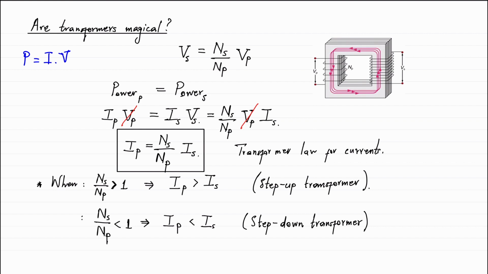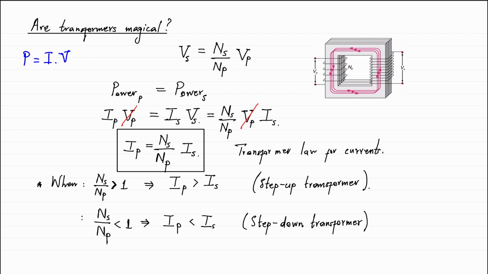But remember, what did the transformer law for voltages teach us? It taught us that the voltage on the secondary side is equal to the turns ratio times the voltage on the primary side. So instead of V sub S, we could just substitute this entire thing. And when we do so, we obtain this expression. But Vp is common, so we could cancel that out. Look at what this teaches us.